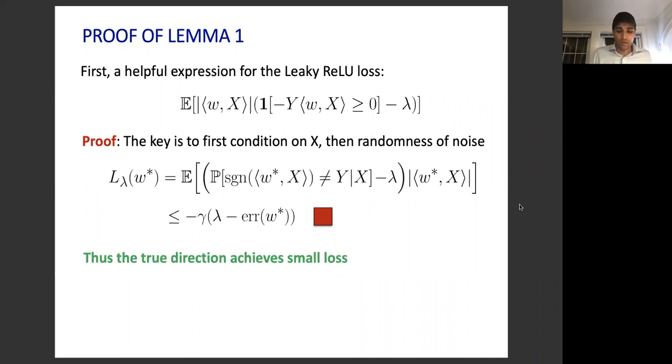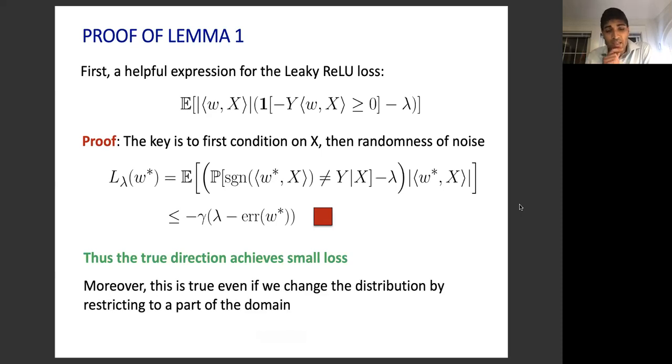And one of the key takeaways that I want to emphasize just about this lemma, it's short and sweet. So this lemma tells us that the true direction achieves small loss. But let's think about this in the context of the zero-sum game that we had to begin with.